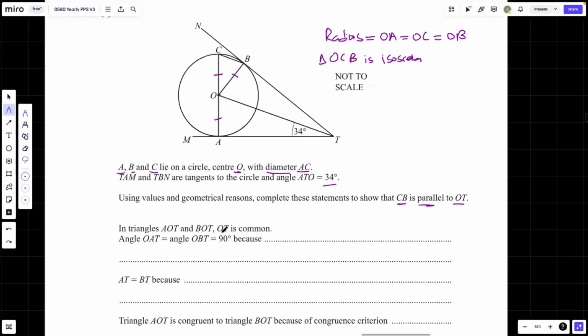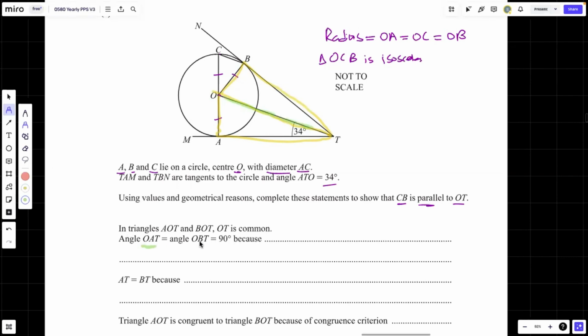So first, the first statement says in triangles AOT and BOT, OT is common. So let's just real quick look at the triangles. This is your triangle AOT, and the other one is BOT. That's your triangle. And yes, we do notice that OT is the common length.